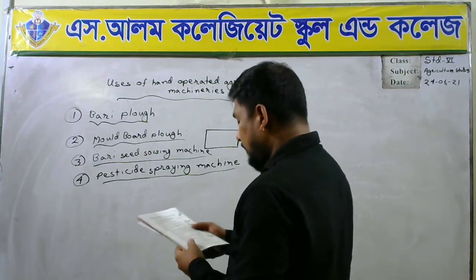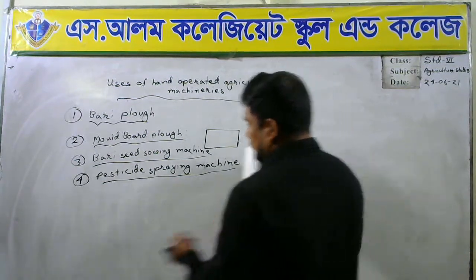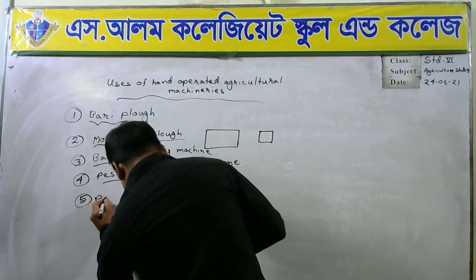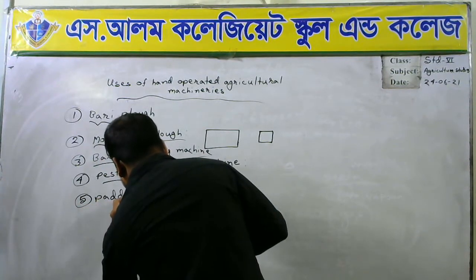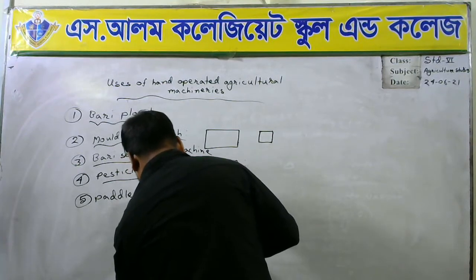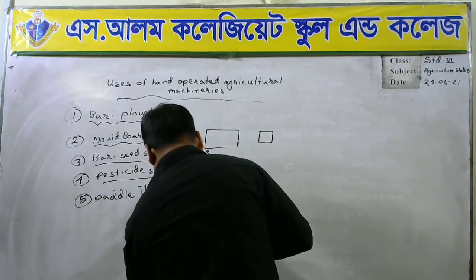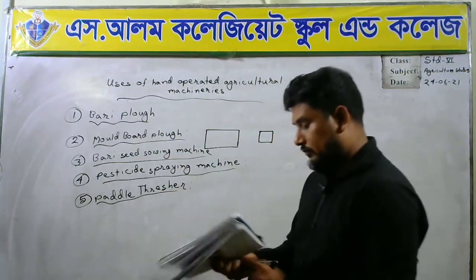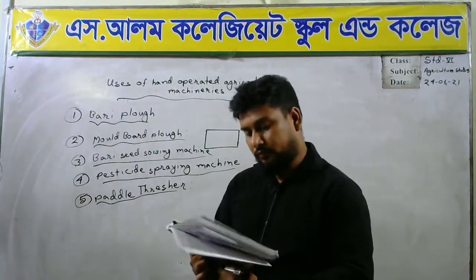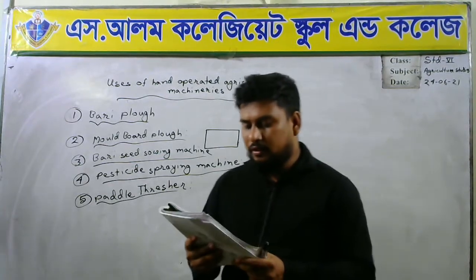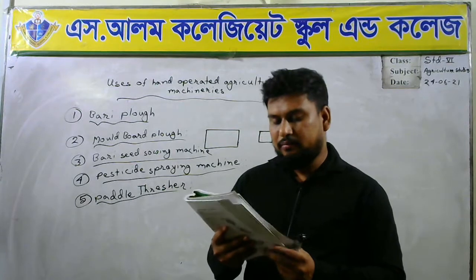And number 5, pedal thresher. It is an improved hand operated paddy or wheat threshing machine.